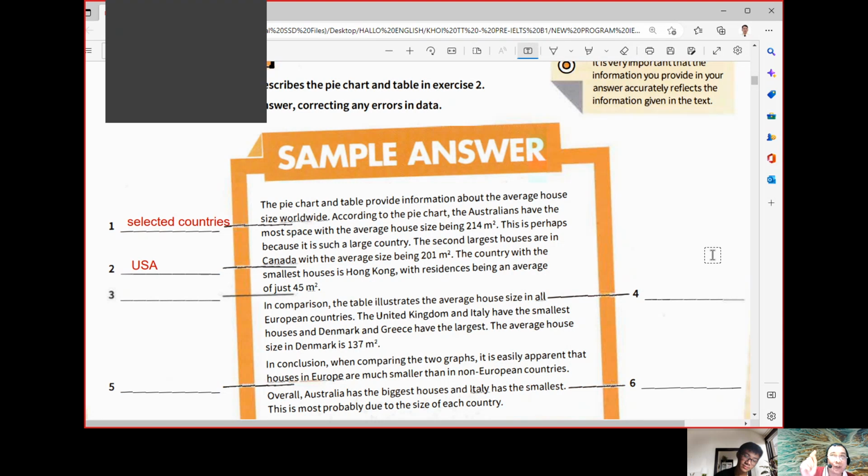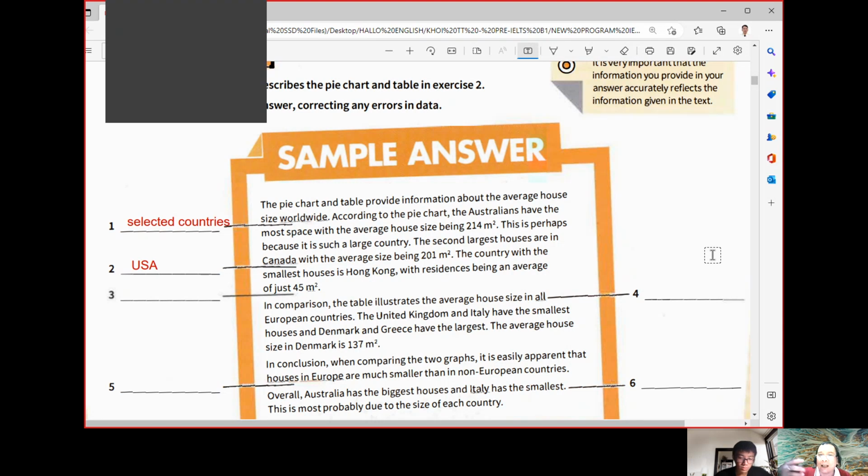If we are going to use "who is" or "who are," we're talking about a person. But since we're talking about residences, we are talking about a place. If you are in that particular place, you say "being," because you are there in that place.